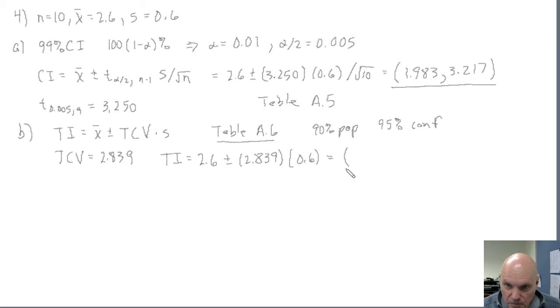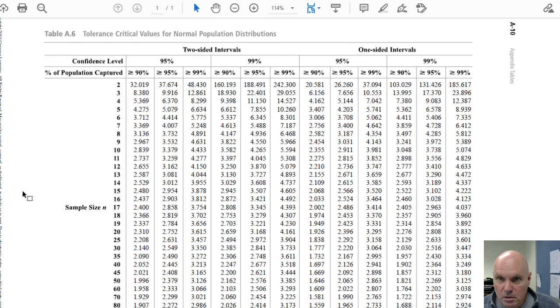Okay, doing that calculation, I get for the tolerance interval 0.8966 for the lower limit, and 4.3034 for the upper limit.